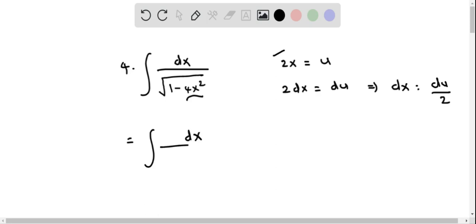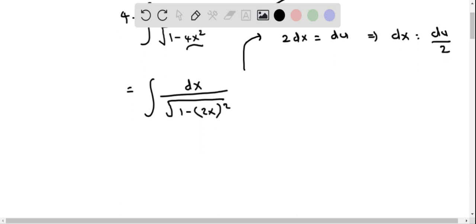So I write this now. dx divided by the square root of 1 minus 2x quantity square. After this first step, we do this substitution. That is 2x equals u, and therefore we get dx equals du by 2.